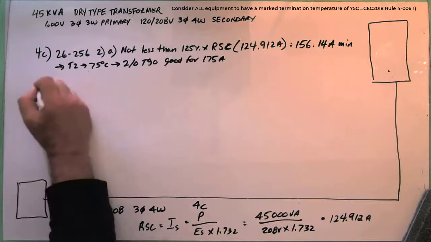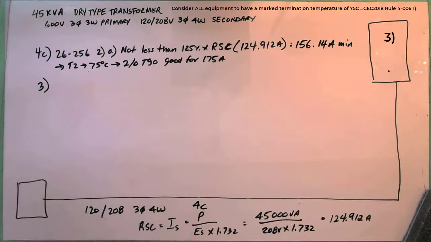I'm going to go to 3 now. See if you could follow this on your chart. Number 2 is only good for 115. Oh, okay, you went to aluminum. So now we're going to do the panel board protection, right?